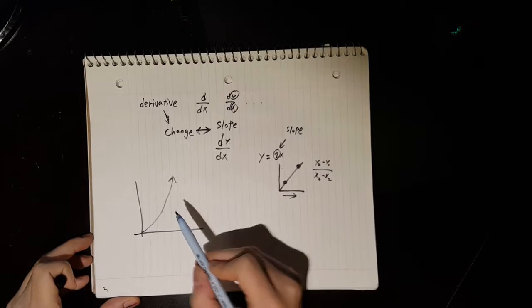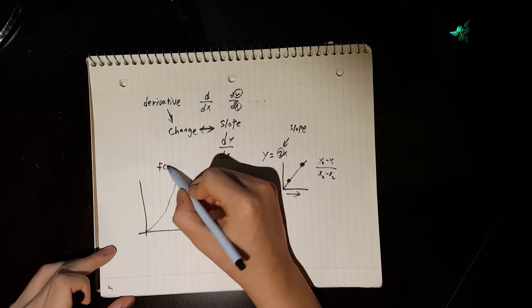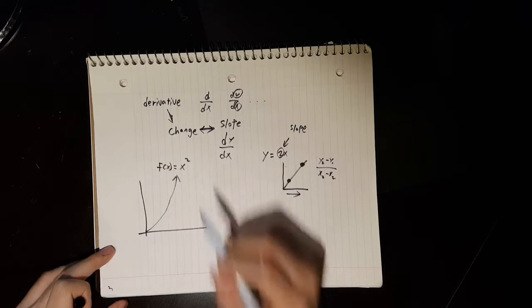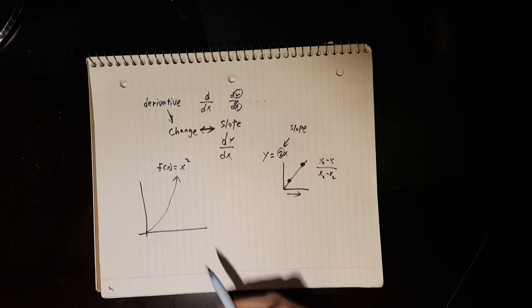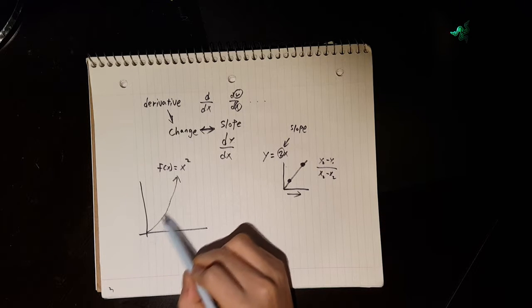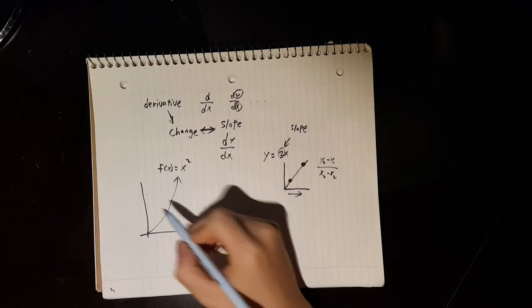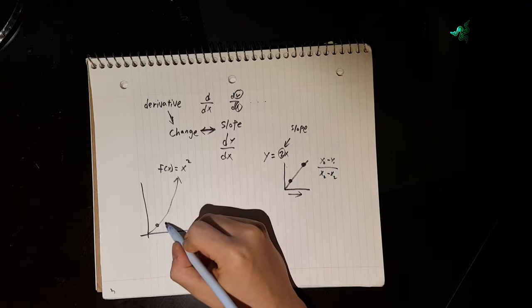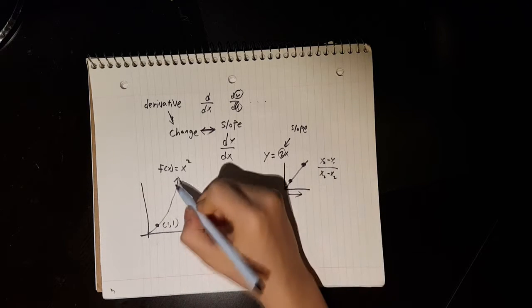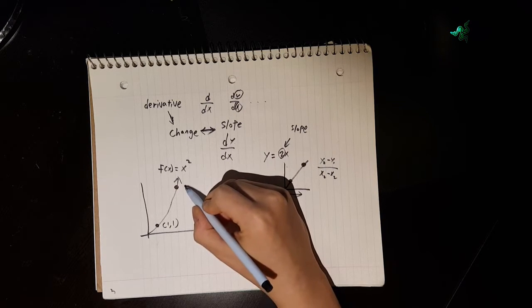Now we can look at another function like this, and let's say this is f(x) = x squared. Can you guys still see this? Okay. This is a curved function, it's not a straight line like this one, and so we can approximate a slope. Let's say this point is (1, 1) and this is (3, 9).